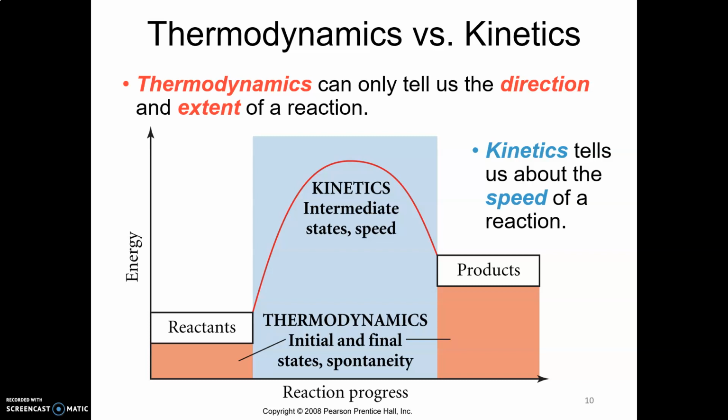You get a pretty good idea of the story, but you miss all the nuances of what's happening. The nuances are the kinetics, how you get from chapter 1 to chapter 20. The nice thing is that you can study these two things separately. You do not have to study the thermo at the same time as the kinetics, and that means you don't have to worry about them interfering with one another.